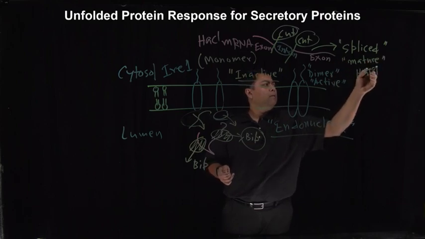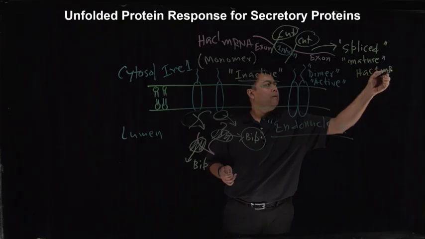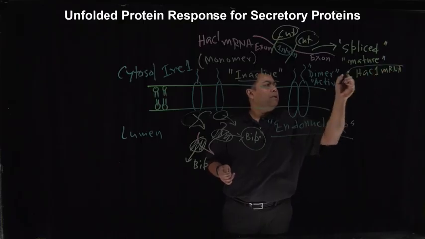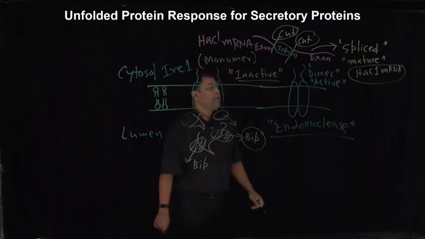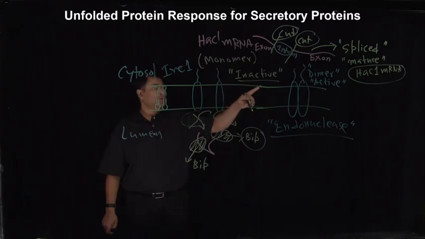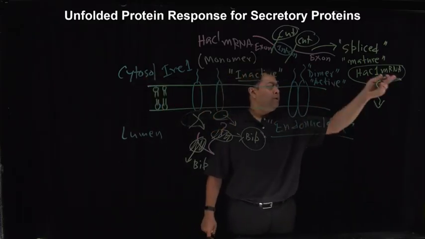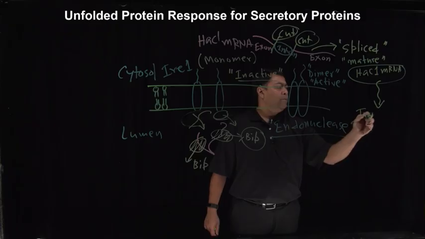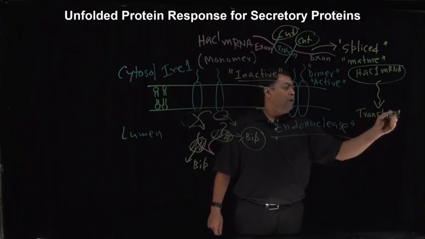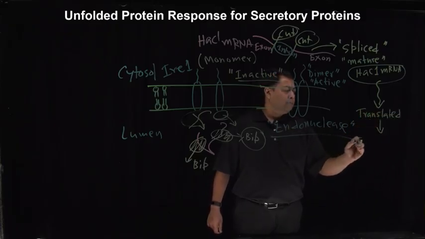So now what you have is the spliced, mature HAC1 mRNA. So this is what we have. What it's going to do now is that HAC1 mRNA is going to be translated by the ribosome and make some transcription factors.